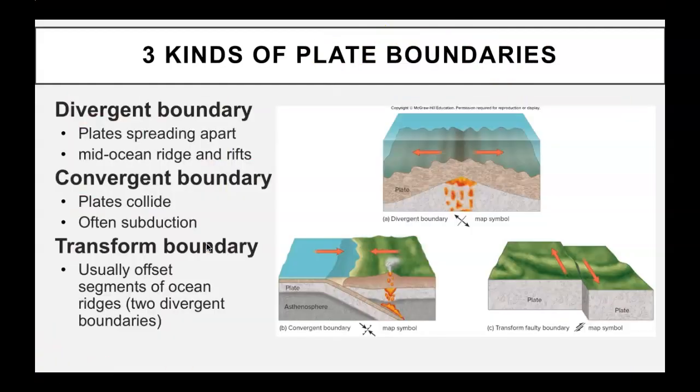All right, let's look at cartoons of each of the kinds of plate boundaries. This first plate boundary, a divergent plate boundary, plates are pulling apart, and for the most part, we have mid-ocean ridges. There are some places on continents where it's pulling apart, and we have a continental rift. A convergent plate boundary, like in B, the most prominent kind, is where oceanic crust, it's heavy and dense, goes underneath continental crust.